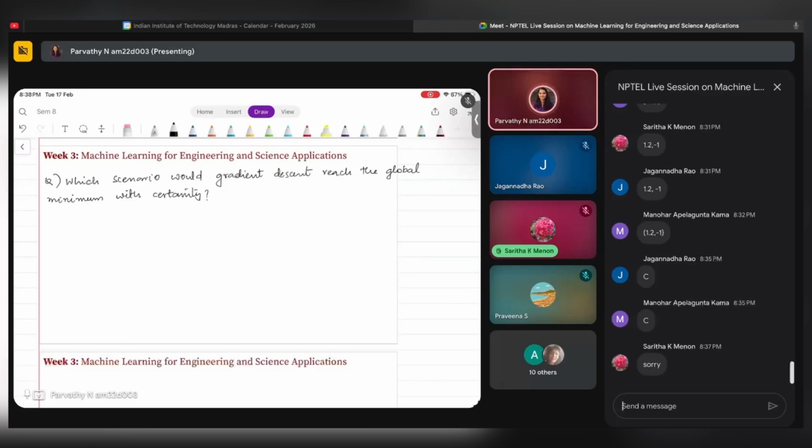So which scenario would gradient descent reach the global minimum with certainty?